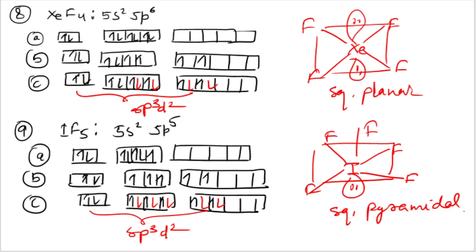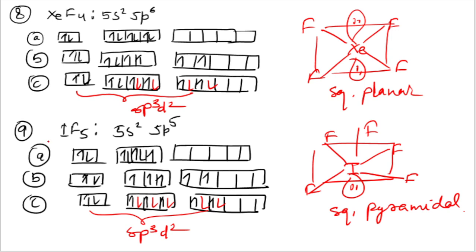So these four orbitals will each share one more electron with fluoride ions, and the hybridization for this case is sp3d2. Okay, and the geometry for this case, with two lone pairs, is square planar.